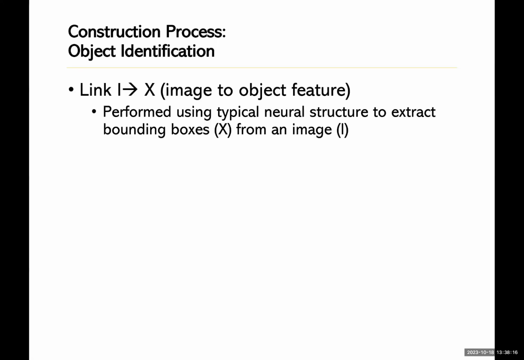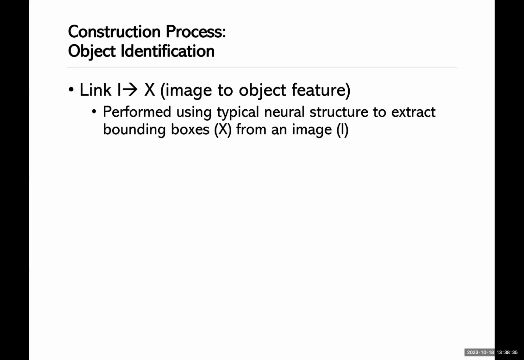So the first thing that you'd want to do with scene graphs is actually linking. And so we'll talk a bit about some aspects of the construction process. And some of these steps can be used in different ways. So first is what a survey paper called link from I to X. And this is going from image to object features.